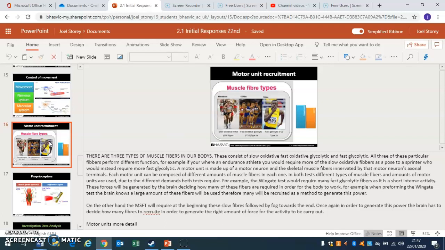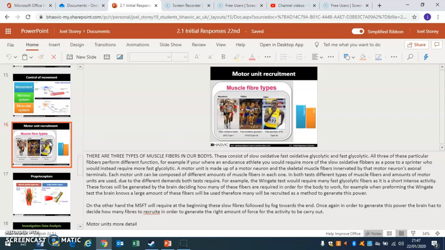When performing the Wingate test, the brain knows a large amount of these fibers will be used. Many will be recruited as a method to generate this power. The brain would know to recruit fast glycolytic fibers from the legs and thighs in order to generate the power it knows it needs for the Wingate test.